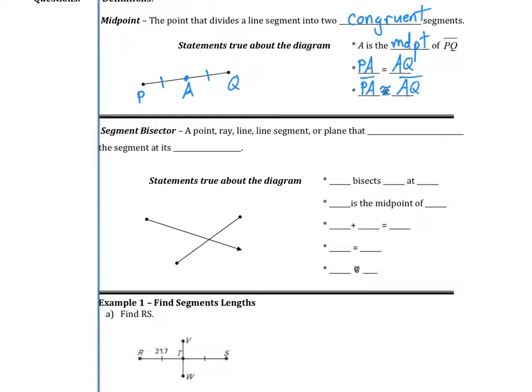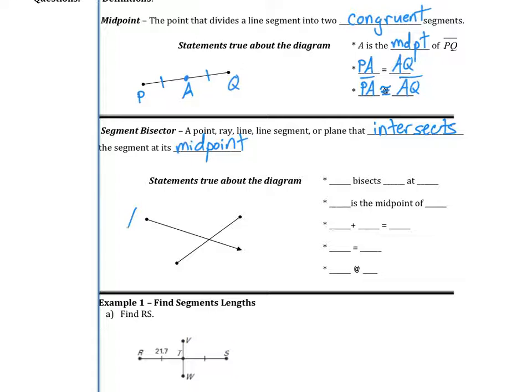A segment bisector is a point, ray, line segment, or plane that intersects the segment at its midpoint. So in our picture, let's add some points.